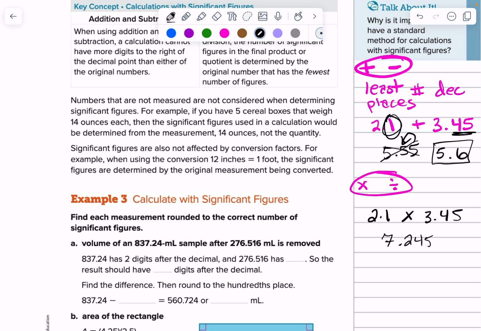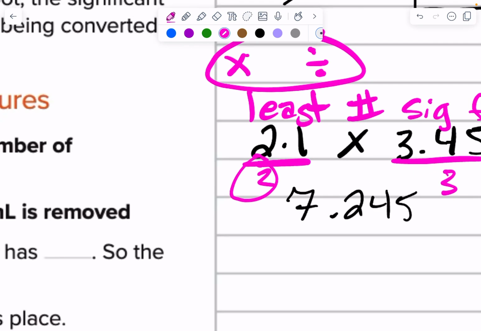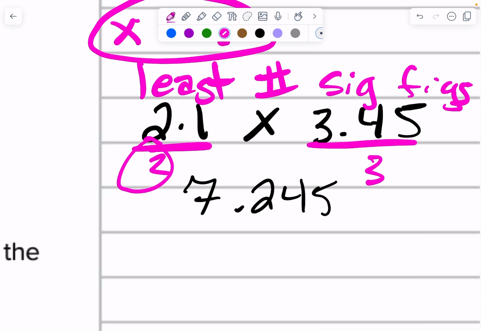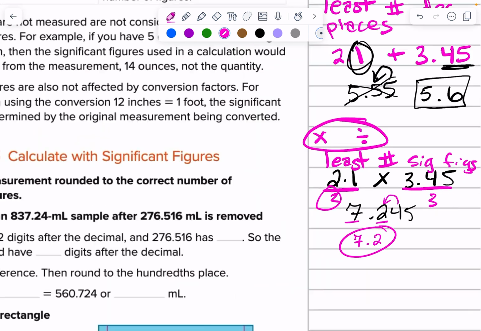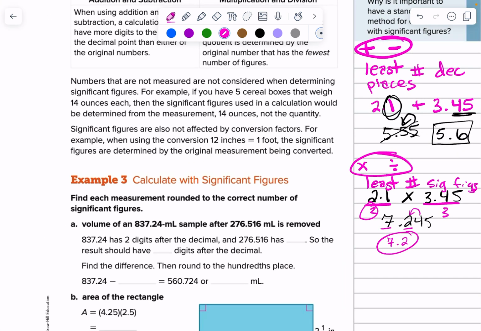Okay, now that's the full thing, but the rule for multiply divide is the least number of sig figs. So this number had 2 sig figs, this number has 3 sig figs, so I can only carry 2 sig figs total, including decimals and everything. So 2 sig figs would be these two, and the 4 is going to round that 2 and stay at a 2. So 7.2 is my final answer. Okay, now notice that we don't round or do anything with sig figs until after the calculation has been made, right? So that's how that works.